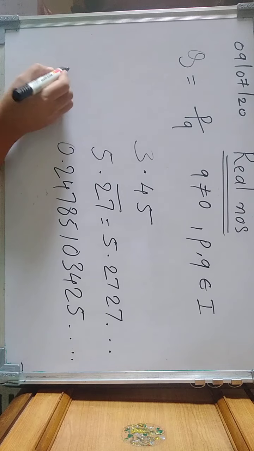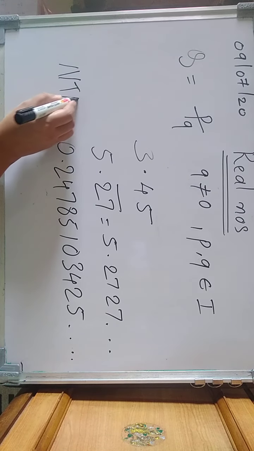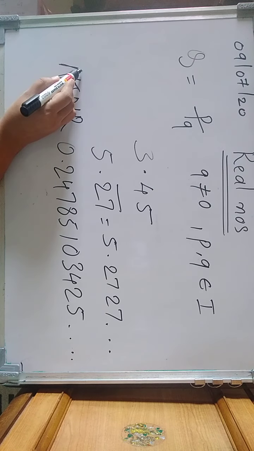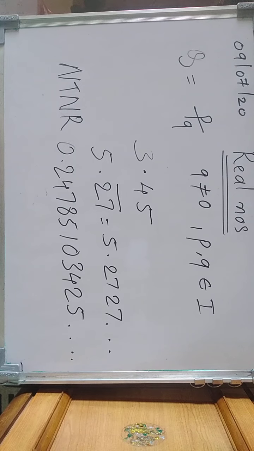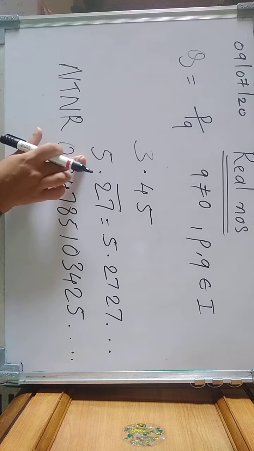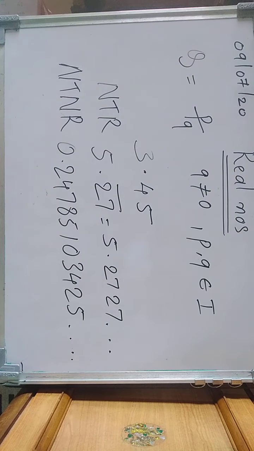It is non-terminating non-recurring, so we call it NTNR. All those who were in my class last year must know the short form we used for non-terminating non-recurring was NTNR. These are non-terminating recurring numbers, NTR, and these are terminating numbers.